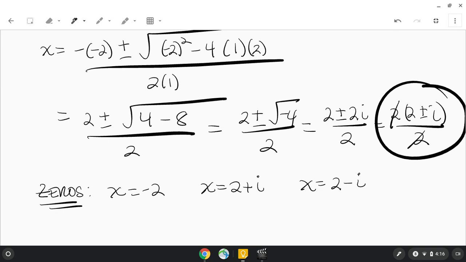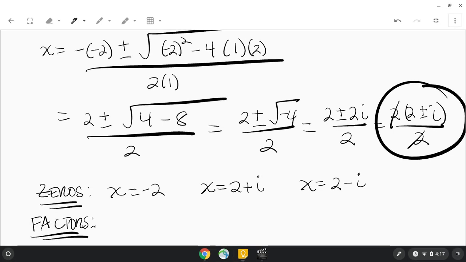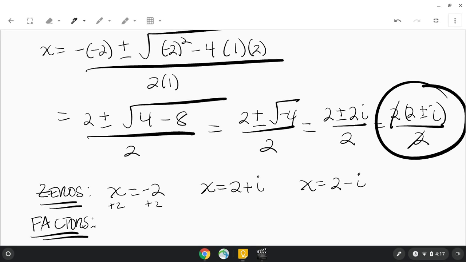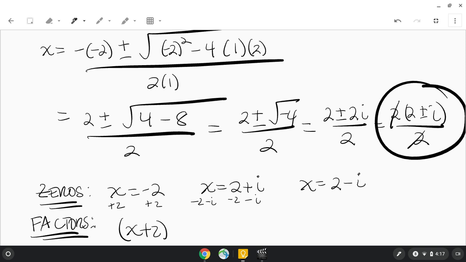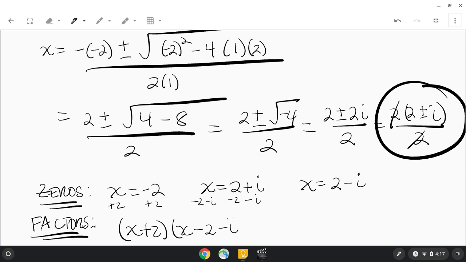Okay, so then my factors, I can go ahead and derive them from the zeros by working backwards. So here in this first one, I'm going to go ahead and add 2. So my first factor is x plus 2. And over here, I'm going to subtract 2 and subtract i. So I get x minus 2 minus i.